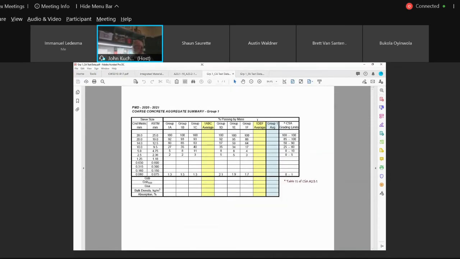Now, what does this all mean? I'm going to put up another slide here, and I thought I had it up already, which I don't, but I will. Give me a minute.